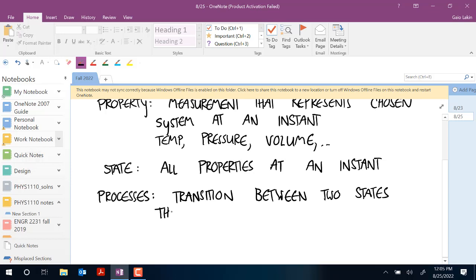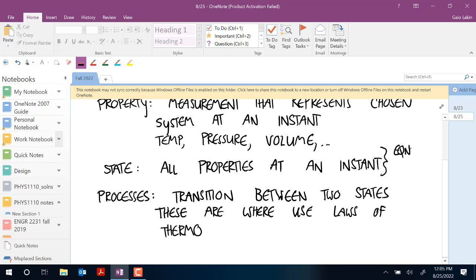These are where the laws of thermodynamics are going to apply. In a state, we're not going to use the laws of thermodynamics, but we will use equations of state. And equations of state are things that relate properties in a state.